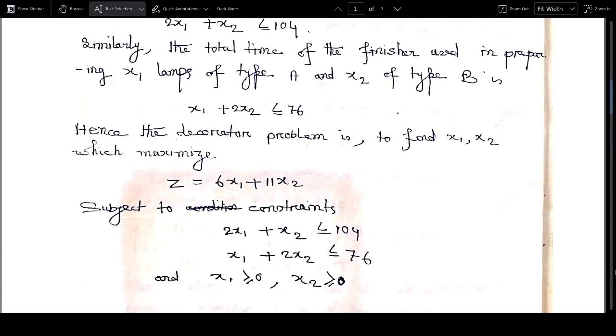Hence the decorator problem is to find x1 and x2 which maximize the profit.